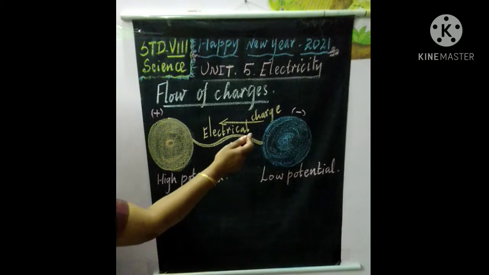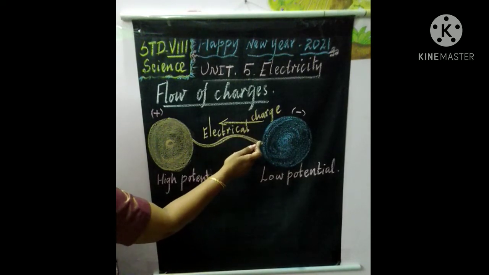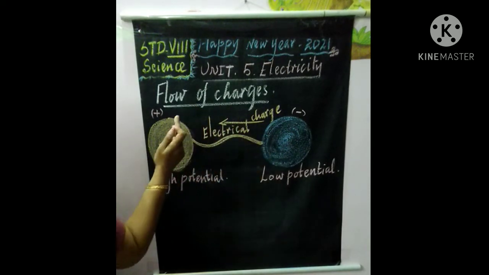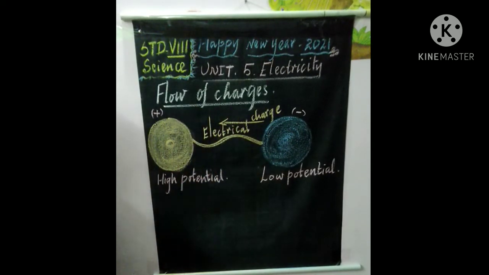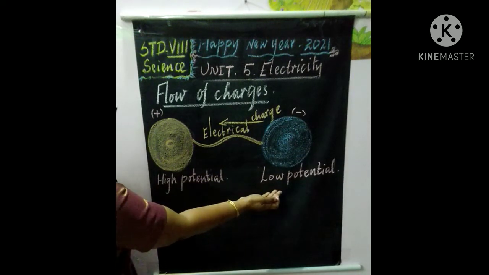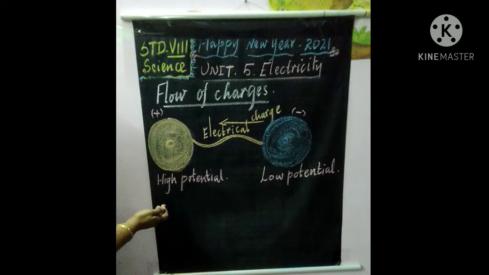So this flow of electrons, or the electrical charge, moves from low potential to high potential. This is known as electric current. What is electric current? The movement of electrons from a low potential area to a high potential area.